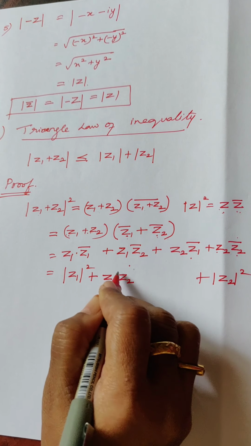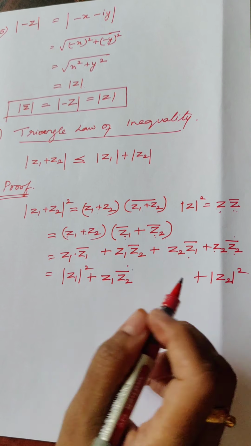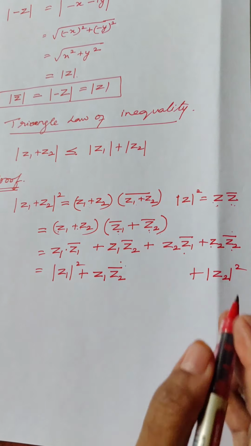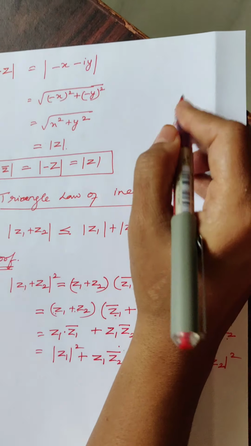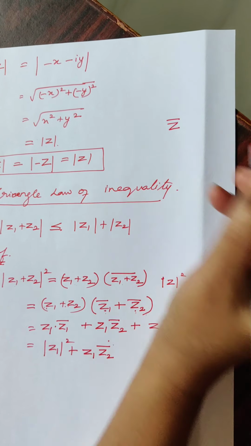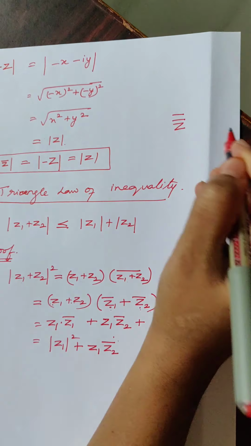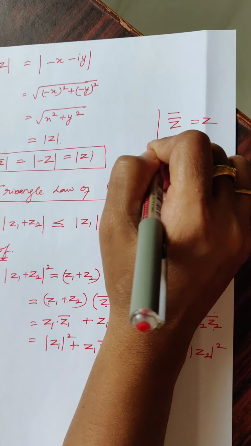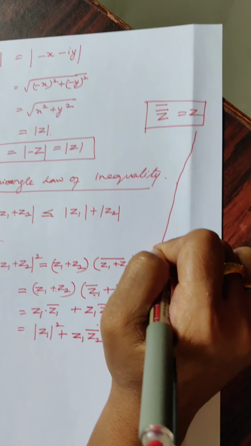z1, z2 bar. See here, I want to give you one result in conjugate. You know that z bar is already a conjugate, and the conjugate of a conjugate equals z. I am going to apply this result here.